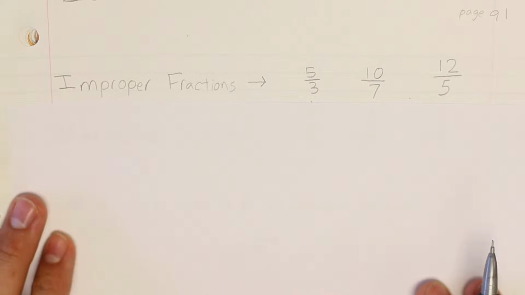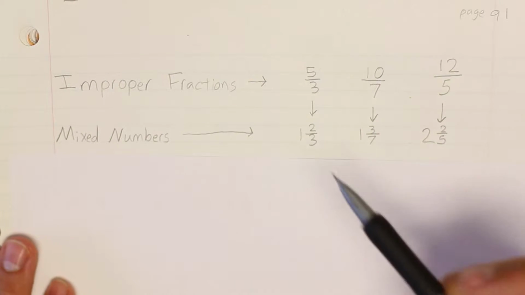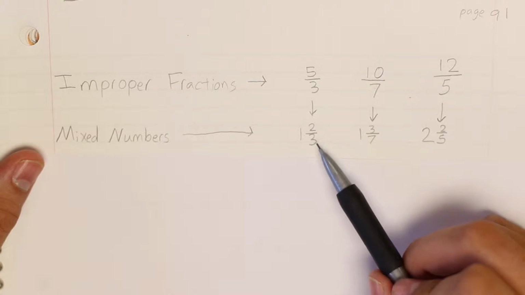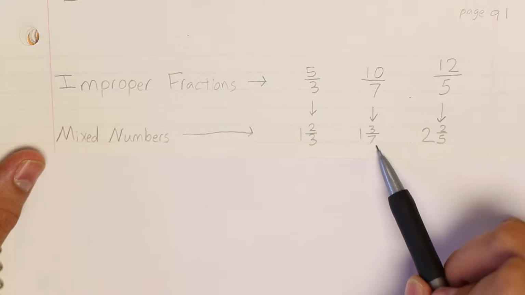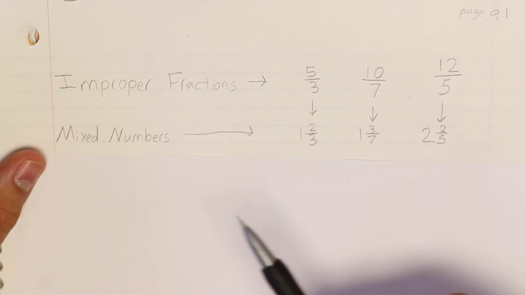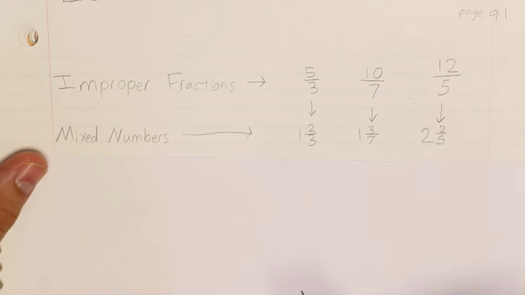Mixed numbers are numbers in which you have whole numbers with fractions, such as 1 and 2/3, 1 and 3/7, or 2 and 2/5. These are mixed numbers because they have whole numbers and fractions.